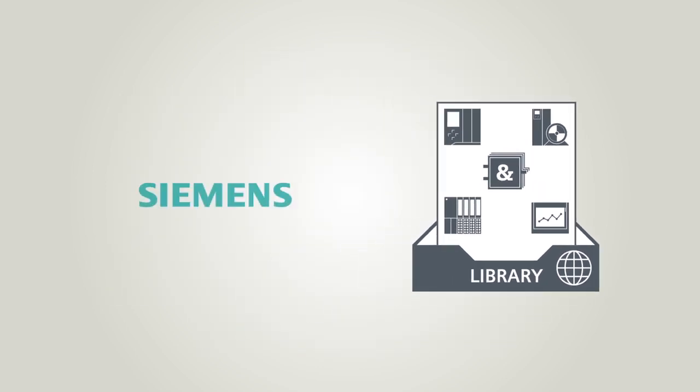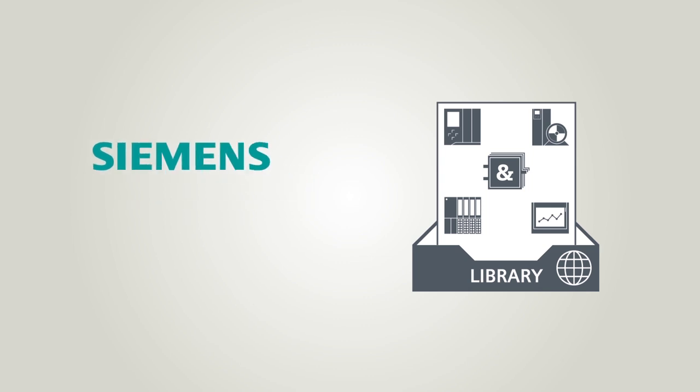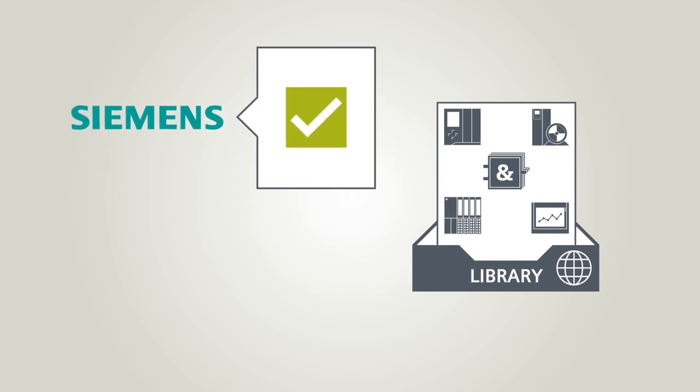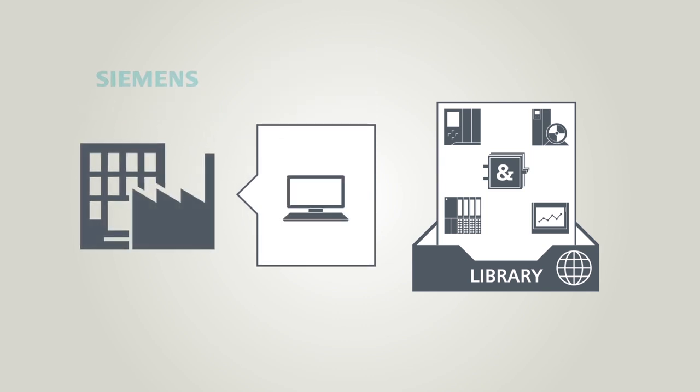System libraries are provided by Siemens to support Siemens products. These contain fully tested functions and function blocks for communication, operating mechanisms, and more. Corporate libraries are created by a TIA Portal user's small centralized internal team and are then made available to everyone within your organization.